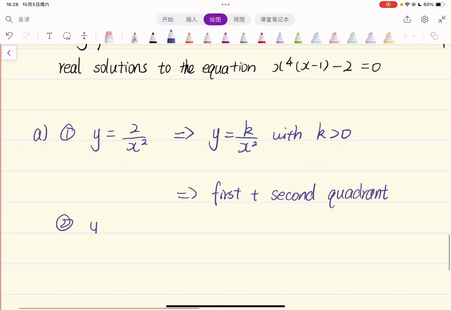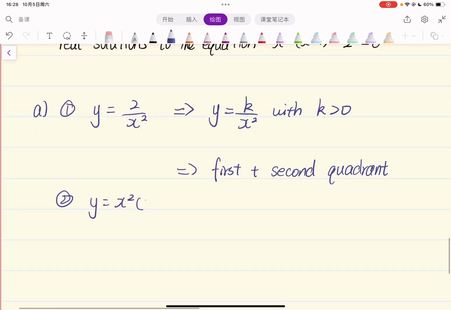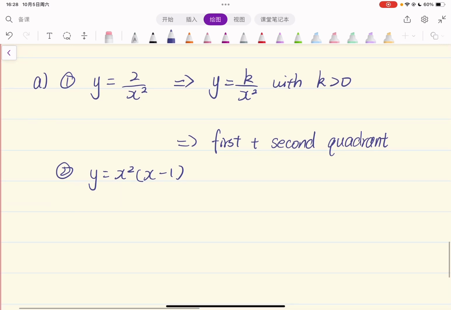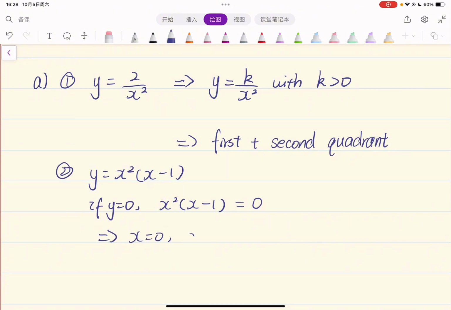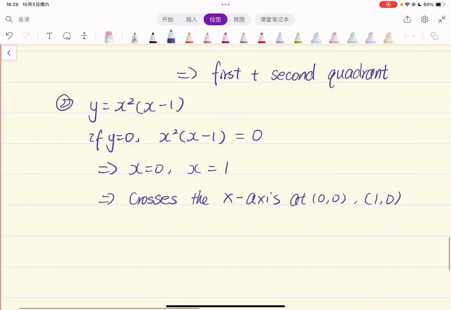Now for the second equation, we have y equals x squared times (x minus 1). Now if y equals 0, we have x squared times (x minus 1) equals 0, which implies that x equals 0 or x equals 1, which means the curve crosses the x-axis at (0, 0) and (1, 0).